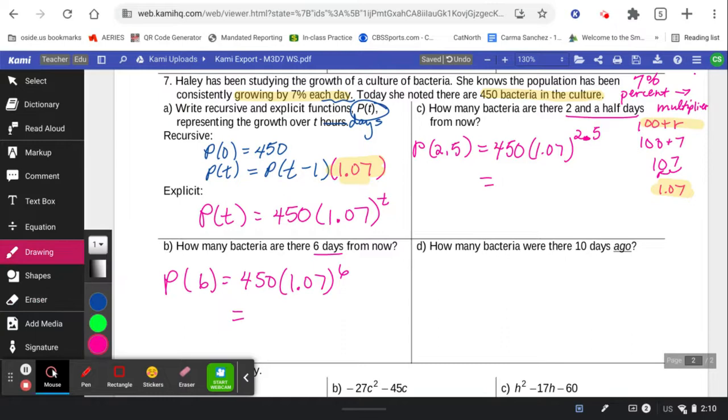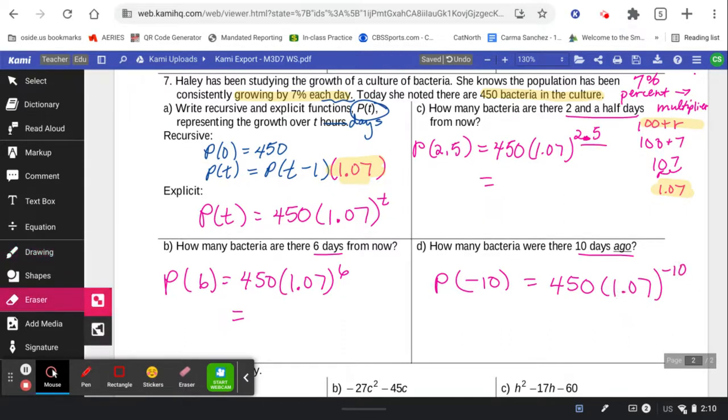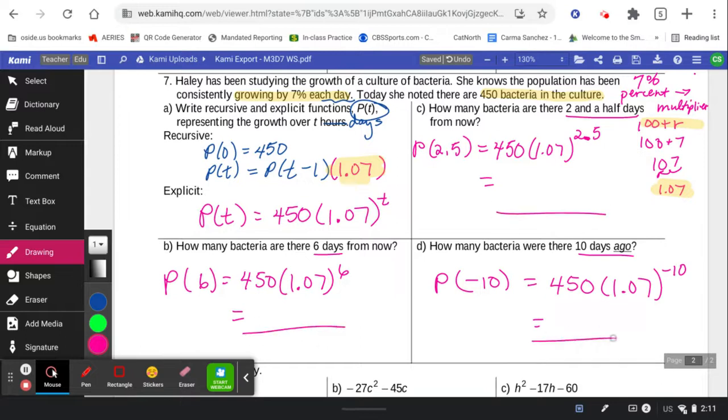And last is P of 10 days ago, negative 10. 450 times 1.07 to the power of negative 10. So we've got one decimal exponent, we've got one negative exponent, and we've got one plain 6 exponent. You're going to get me those 3 answers so we can go over them tomorrow in class. I'm going to ask to see your worksheets.